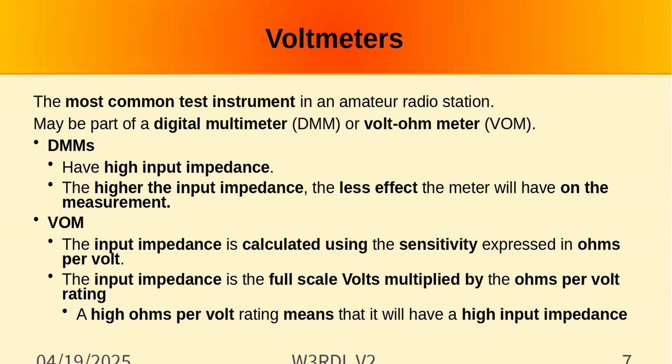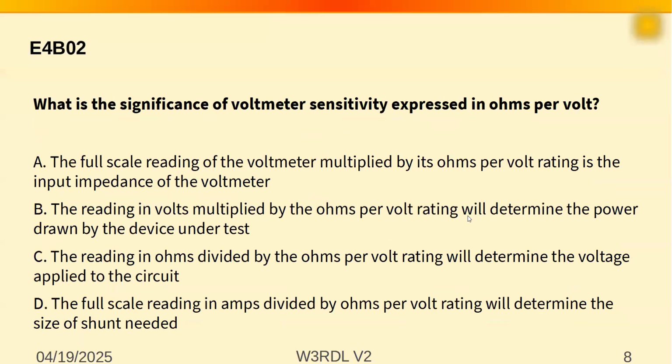Whereas the old volt ohm meter is going to have a much lower impedance, and usually they'll have an ohms per volt rating when you're measuring resistance or measuring voltage, and you multiply that times the total volt scale, which will tell you the maximum resistance on that particular scale. What is the significance of voltmeter sensitivity expressed in ohms per volt?